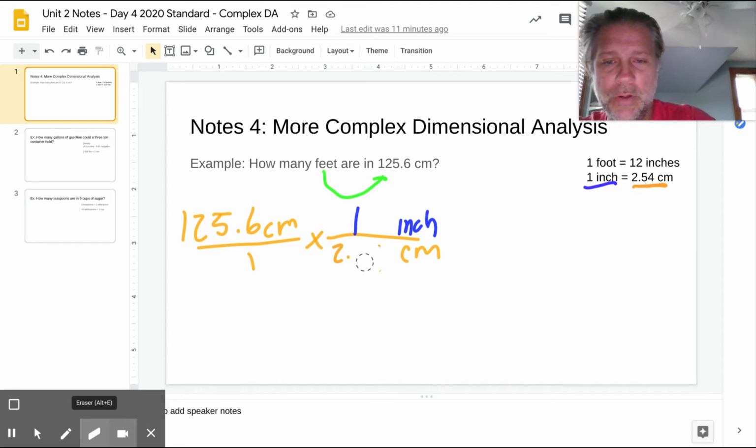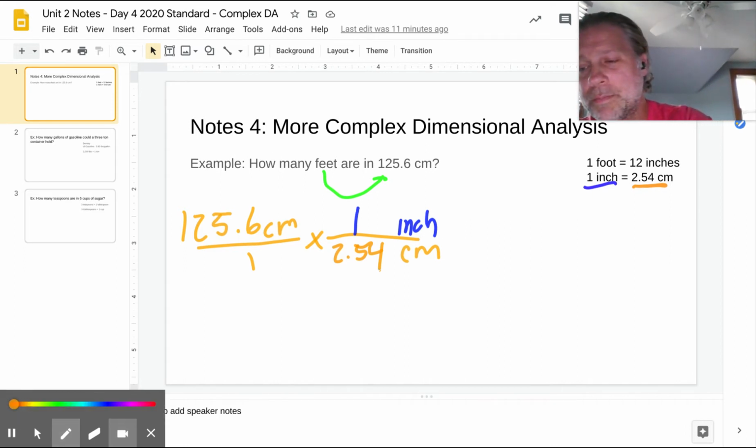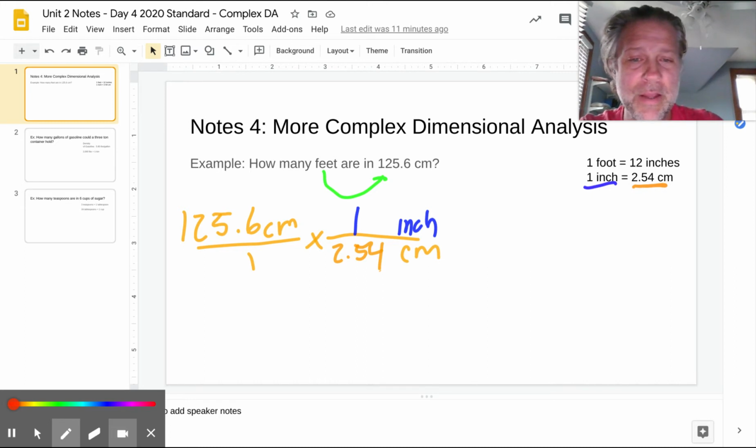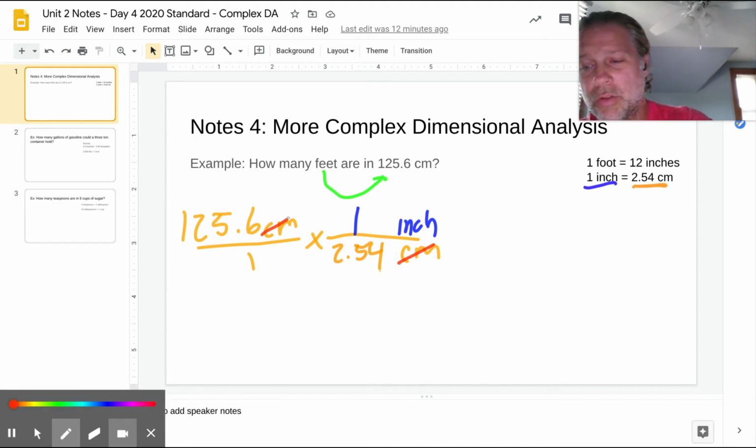Now at this point, if I stop, my units for centimeters will cancel out and I'll be left with units of inches. That's really important. It's a one-step conversion problem, and we did a good job, but we need to go a little bit further because that's not actually solving the problem.